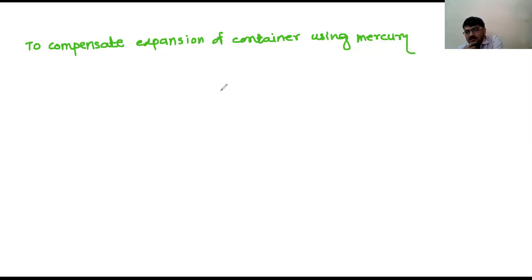Now, why compensate the expansion of the container? Already I told, so that we will get only the real expansion of the liquid. We don't want the expansion of the container, that is apparent expansion. We don't want that, we want real expansion.